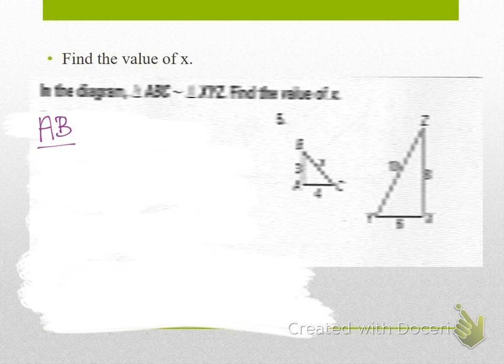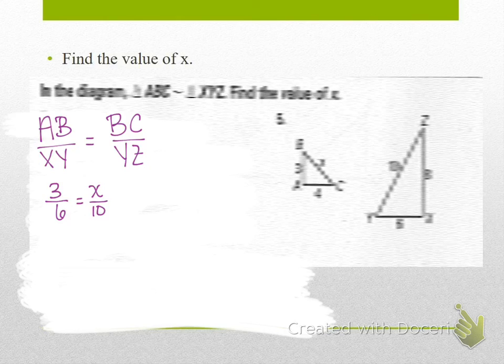We can still use that same proportionality, AB over XY equal to BC over YZ, because we have the same similarity statement, we just have different triangles. So we can fill in what we know. AB has a length of 3, XY, equal to BC, x, and YZ, 10.